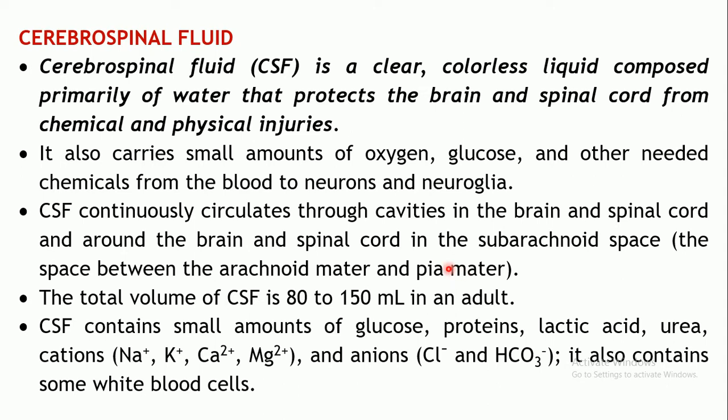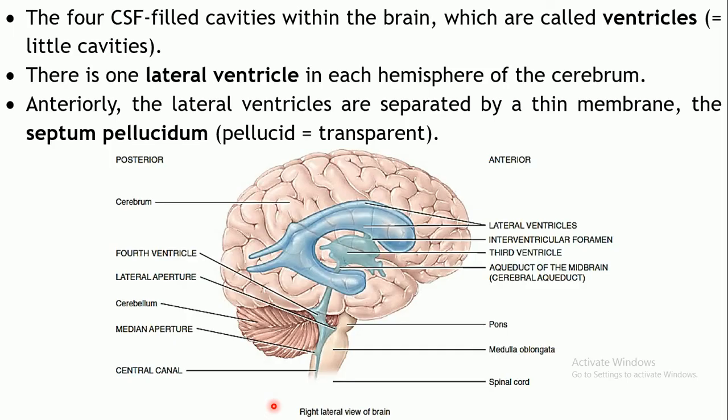The total volume of CSF is 80 to 150 ml in adults. Apart from water, it comprises glucose, proteins, lactic acid, urea, certain cations like sodium, potassium, calcium and magnesium ions, and certain anions like chloride or bicarbonate. It may even contain WBCs sometimes. So that's the composition of the cerebrospinal fluid.